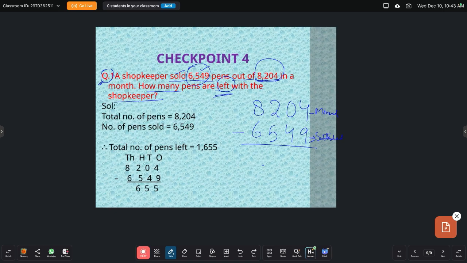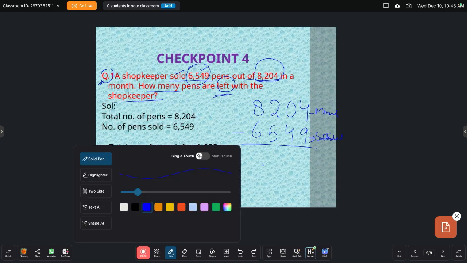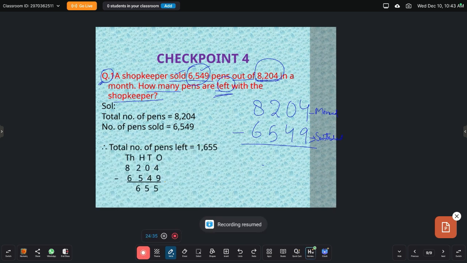Now, look here. We have here ones column. So, look here. This is our minuend, and this is our subtrahend. Now, what we have to do?